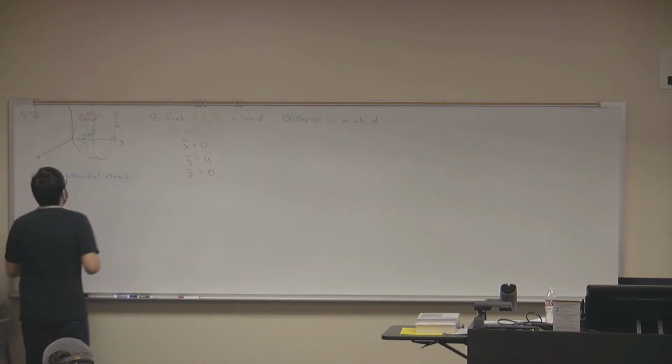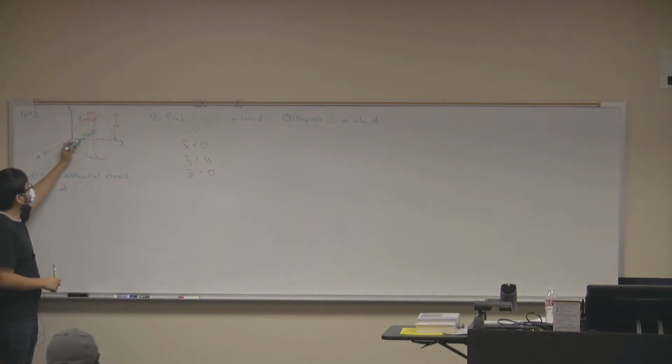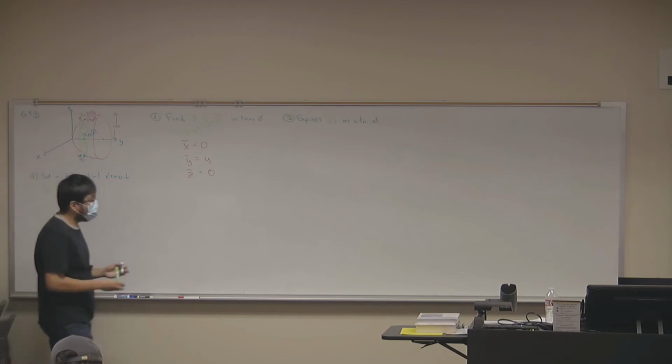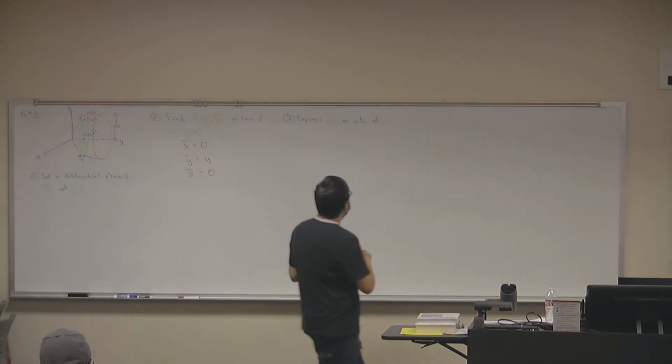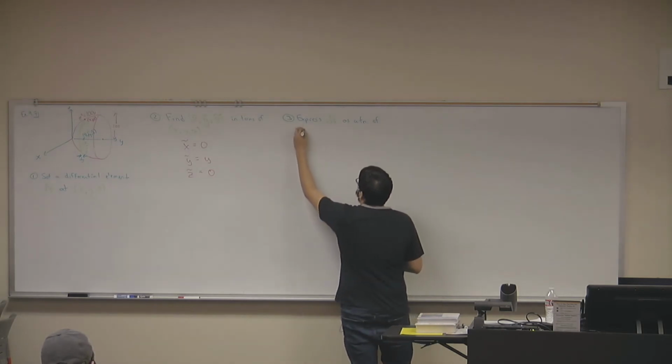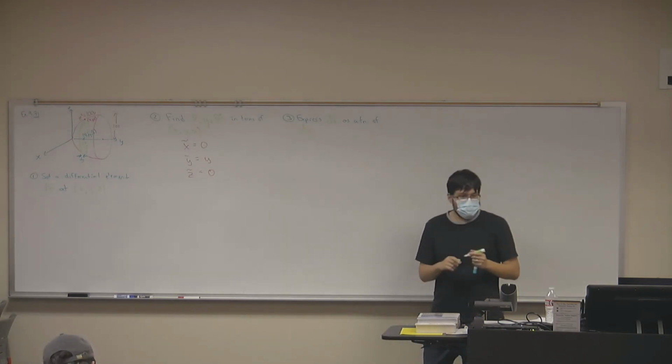You look at this element, it has 2 finite dimensions and 1 infinitesimally small dimension. What is that 1 infinitesimally small dimension? dy. So you're going to want to express your differentially small volume dV as a function of dy.